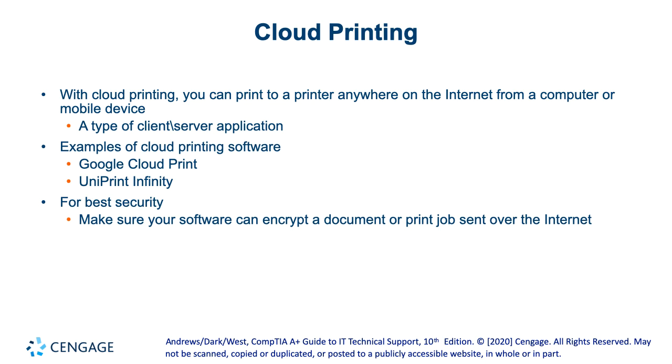It's a type of client-server application. Examples of cloud printing are Google Cloud Print or UniPrint Infinity. But make sure your software can encrypt the document or print job that you send over the internet. Otherwise, it does go in clear text, and if it's sensitive information, you probably shouldn't be cloud printing. But for best security, make sure it's encrypted.